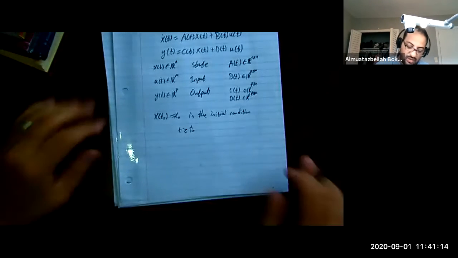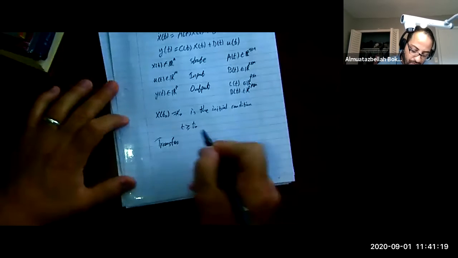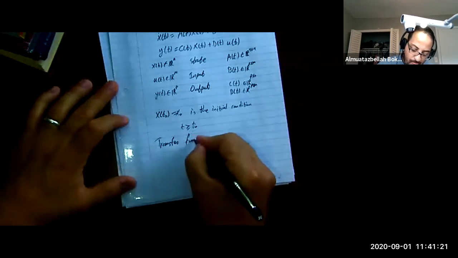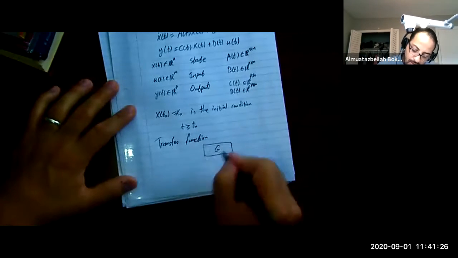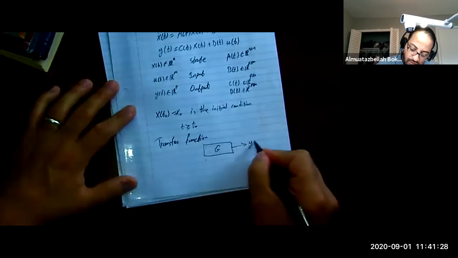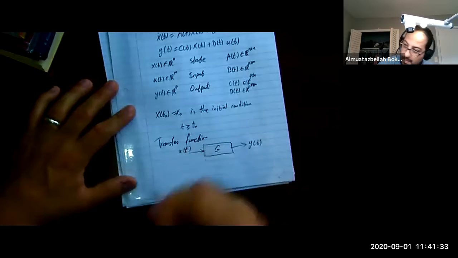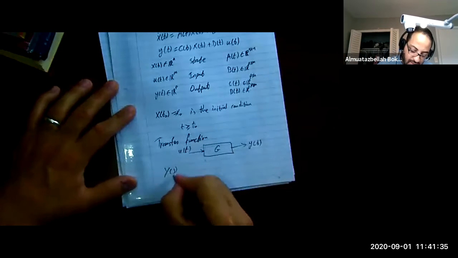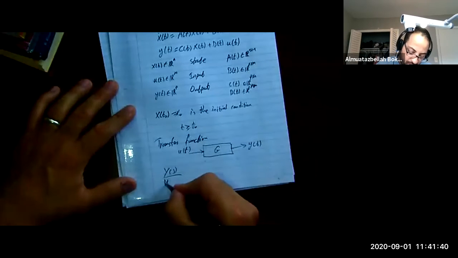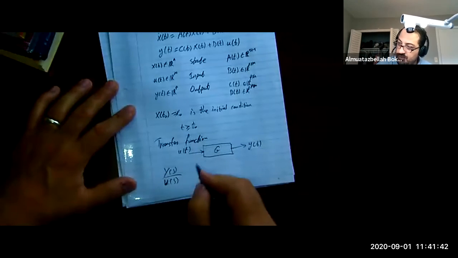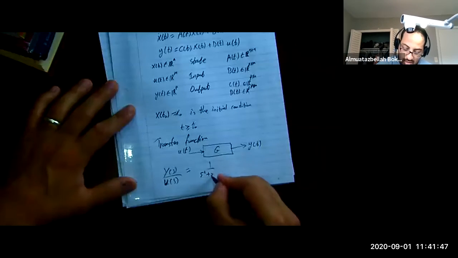And also I can talk about a transfer function of the system, like what we did before. So I have g that links y of t with u of t. So I can now take the Laplace of this, I get Y of s over U of s equal to, for example, just here, something like s squared plus 3s plus 2.